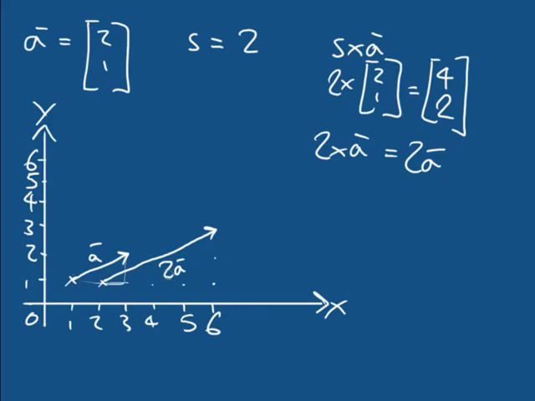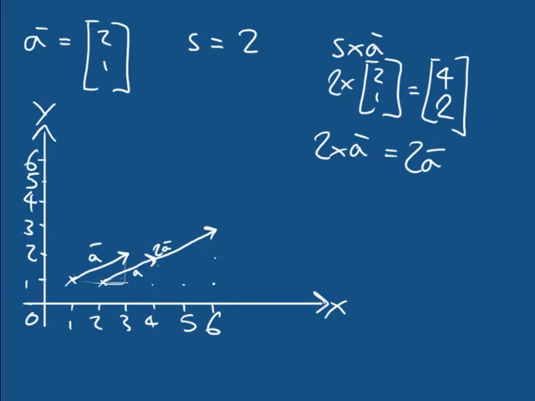I'm going to need to erase this to demonstrate it, and I can write this above our vector. There we go. If we look at a, we know a moves 2 units in x and 1 unit in y. Let's count that out from the start of 2a. 2 units in x and 1 unit in y takes us right to here. So this would be a.